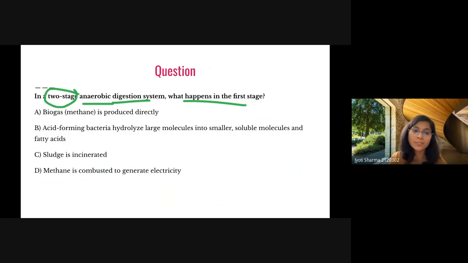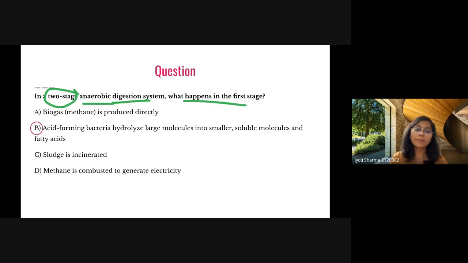Methane is combusted to generate electricity. Let me see the answers. Okay, so Venkateshwara gave me a B answer. I also agree with this B only.